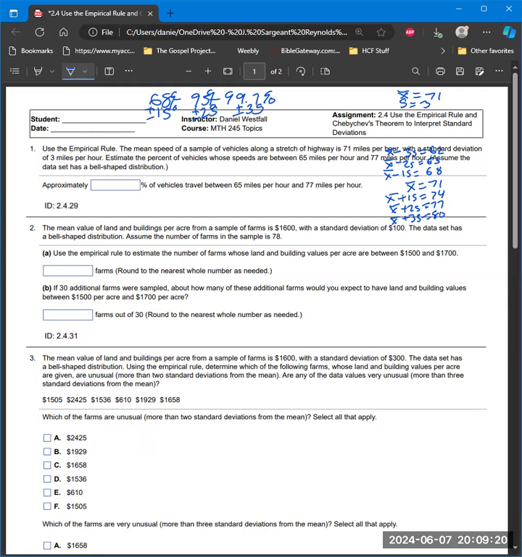Estimate the percent of vehicles whose speeds are between 65 and 77, plus or minus 2 standard deviations. That's 95%.